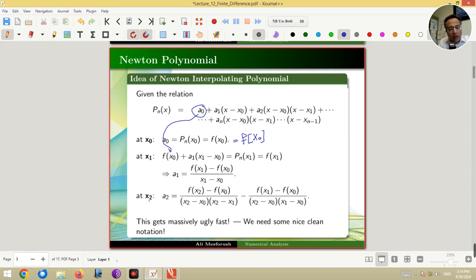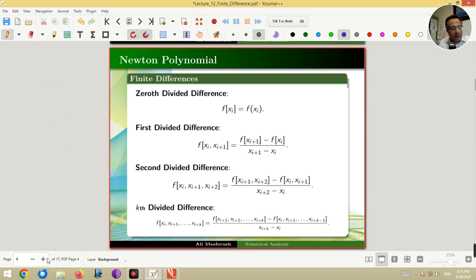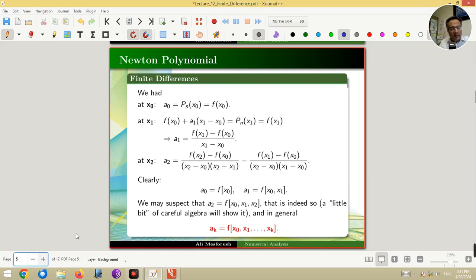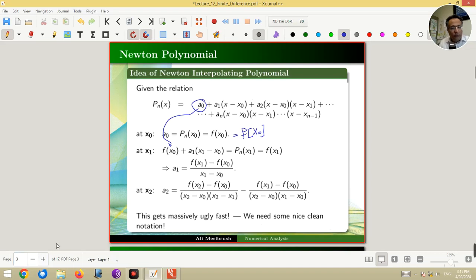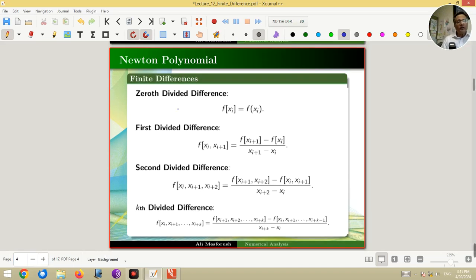And so on. We can compute a2 exactly in the same way; I will show the computation for a2 later.